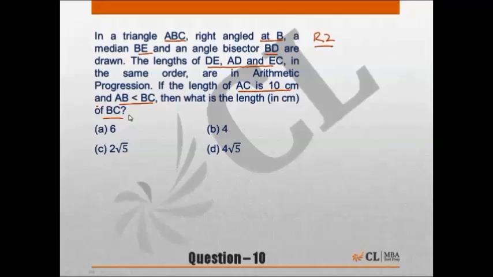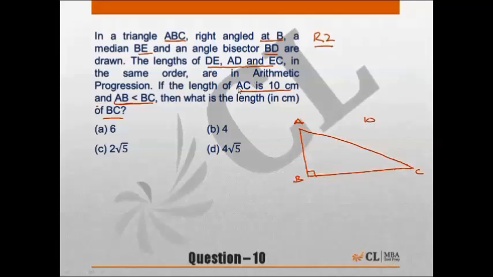So let's look at how I solve the question. ABC right angle triangle, right angle at B, given that AB is less than BC. So let's draw a right angle triangle in which AB is less than BC. So we have ABC, a right angle triangle in which AB is less than BC. We are given that the length of AC is 10 centimeters.